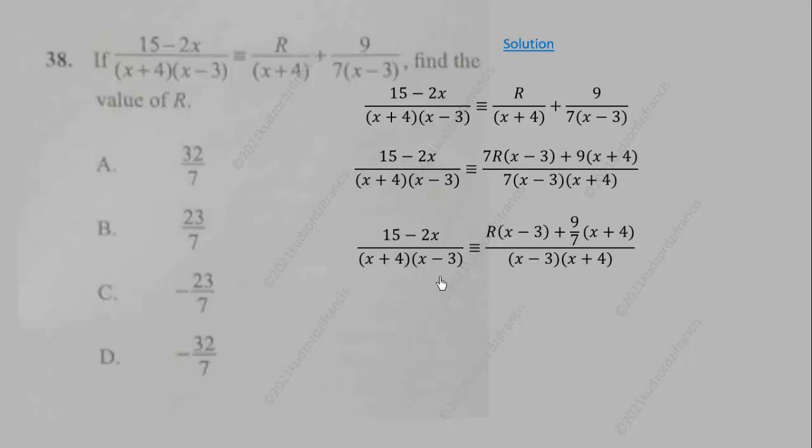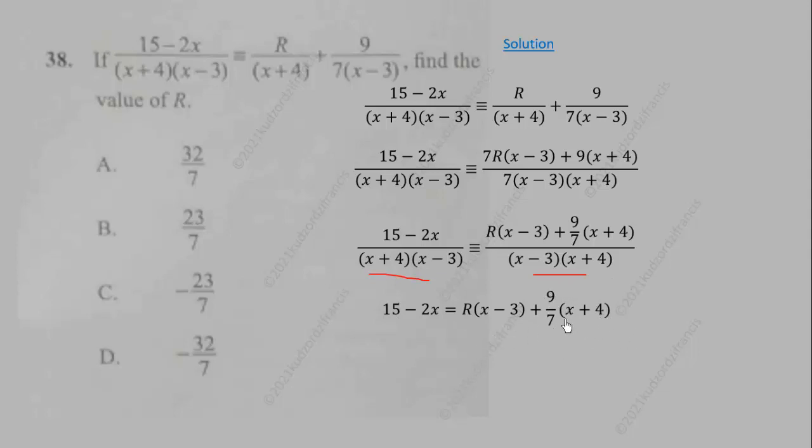Now what do we do next? Since the denominators are equal, we equate the numerators. So we have this equation here. We can find r by inspection. When you put −4 into this equation, we get rid of this. This thing becomes 0.